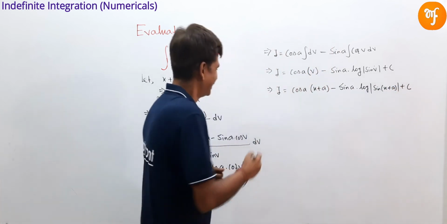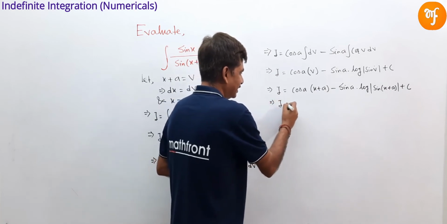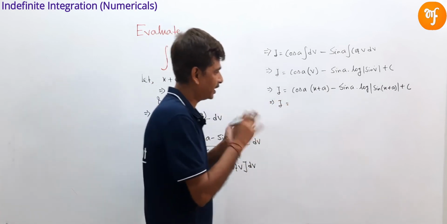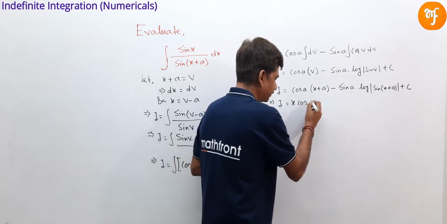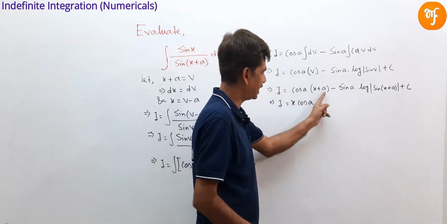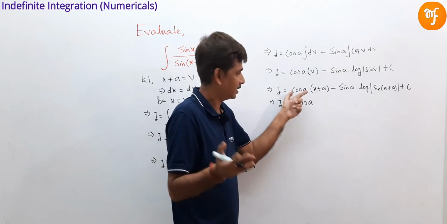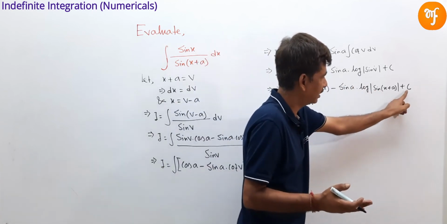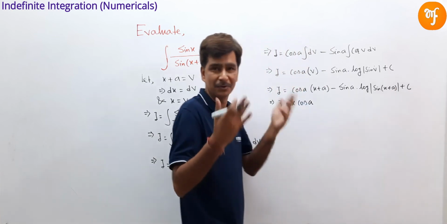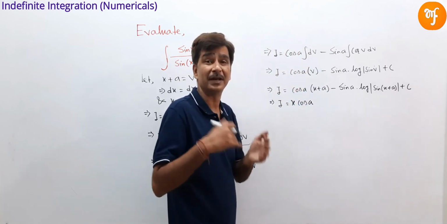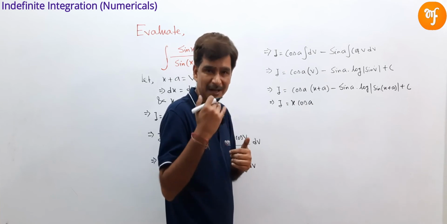Okay. Now look at the last line, we can write what? I is equal to x into cos of a, and this a into cos of a is a constant, and this constant when included with this integration constant will give a new constant. Okay, we can assume that constant as mu or nu, like this.